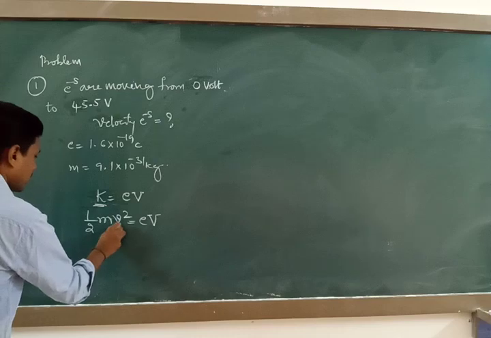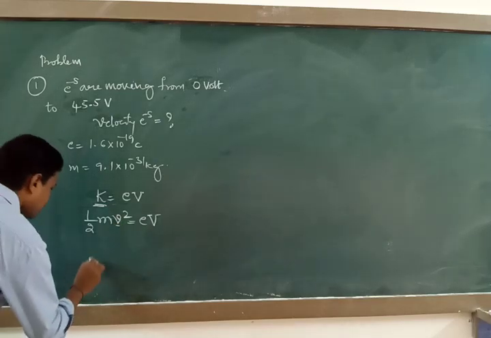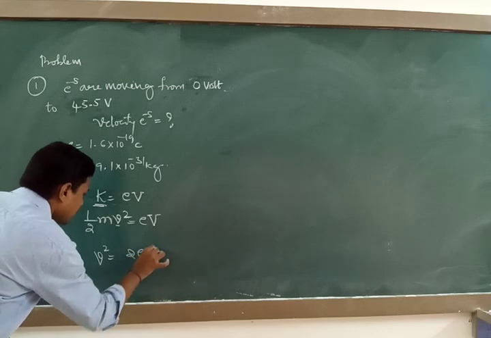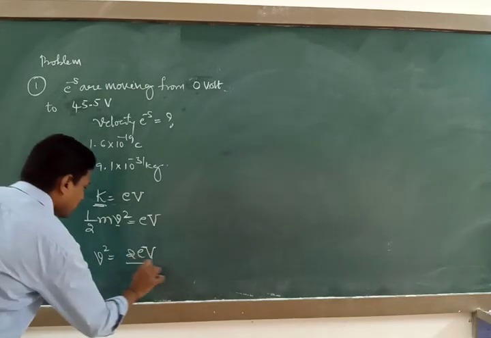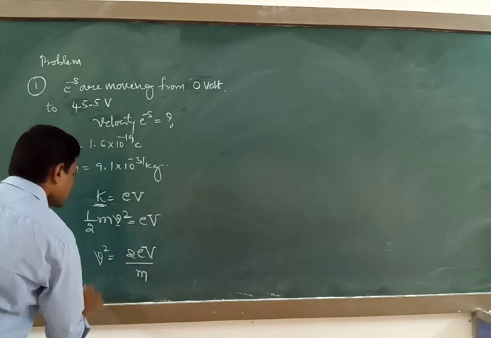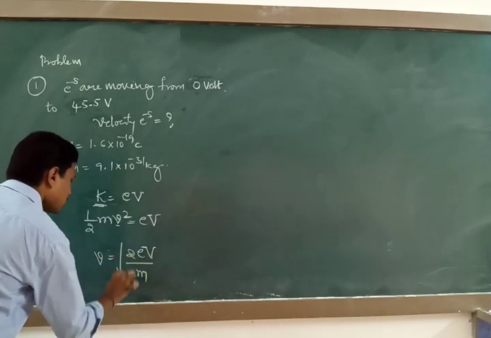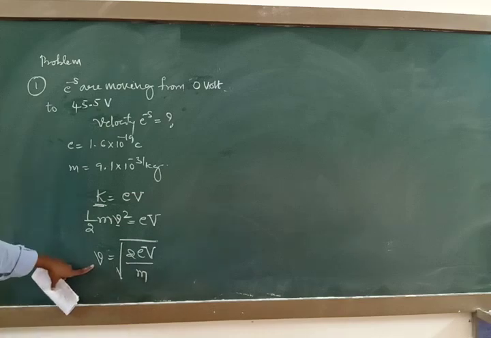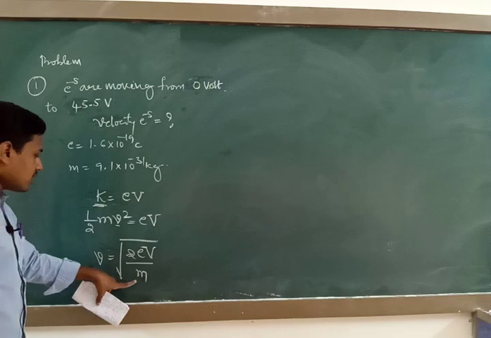So what I want to calculate is this v only. Therefore v square is equal to 2EV divided by m, and this is under root. So the equation we are getting is velocity of the electrons is equal to square root of 2EV by m.